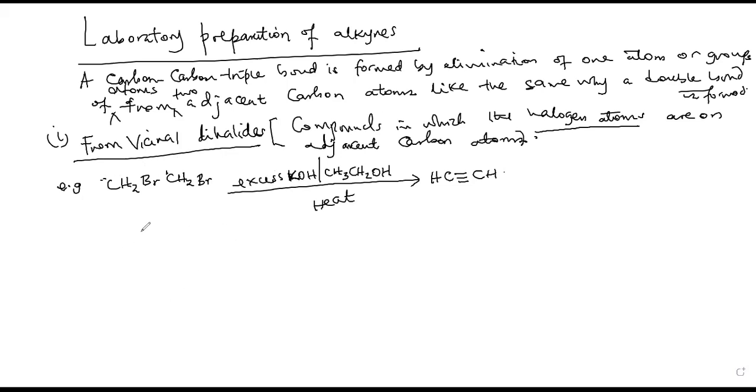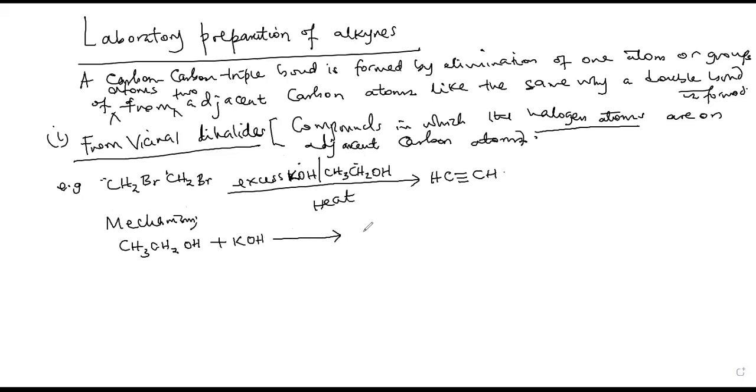So how do we do it? We want to see the mechanism for this reaction. You have a dihalide, you have treated it with that. So we have to first react potassium hydroxide with ethanol. We shall have ethanol plus potassium hydroxide.